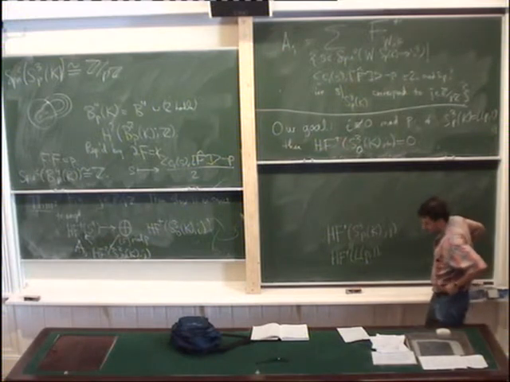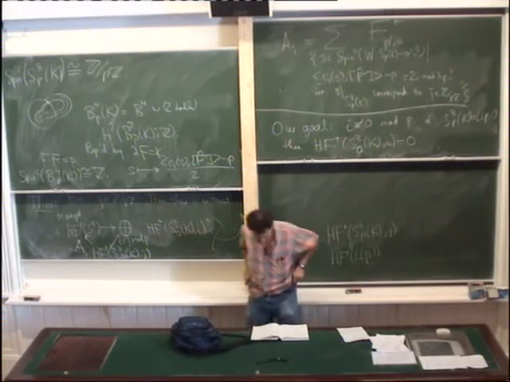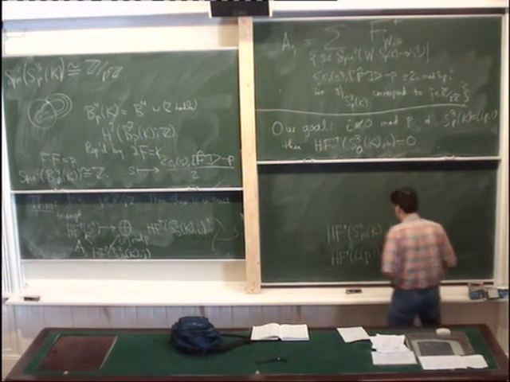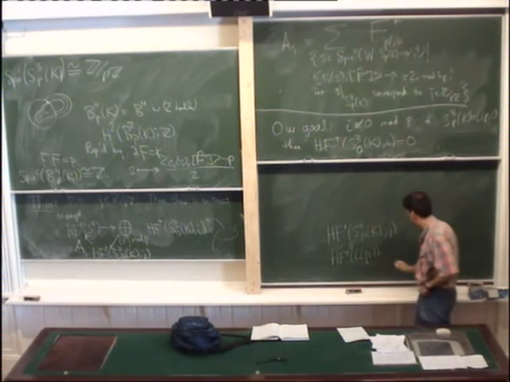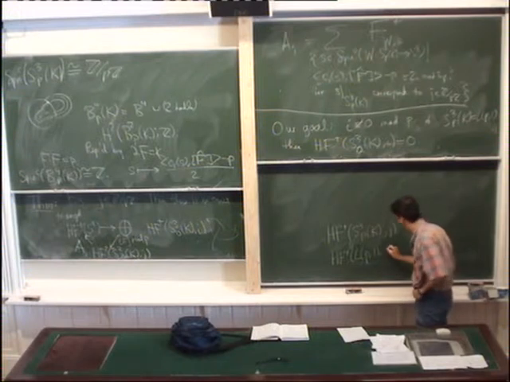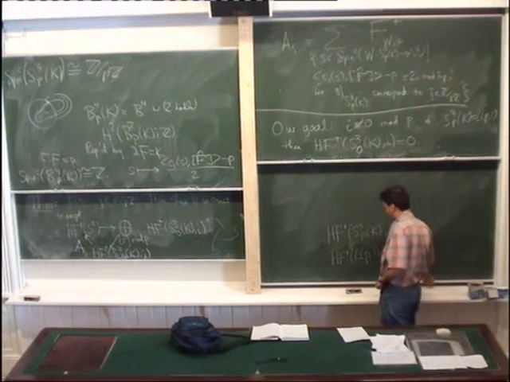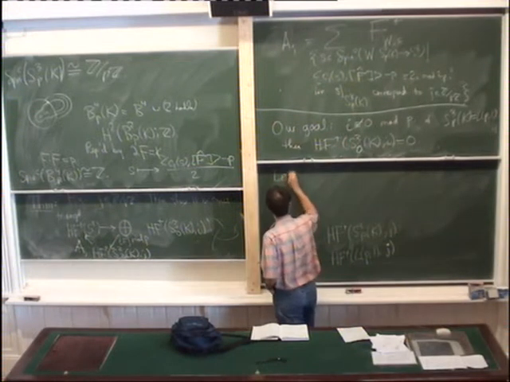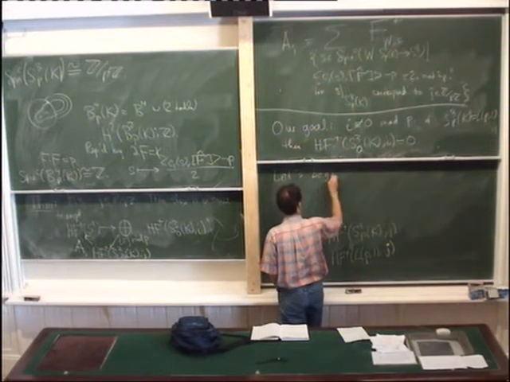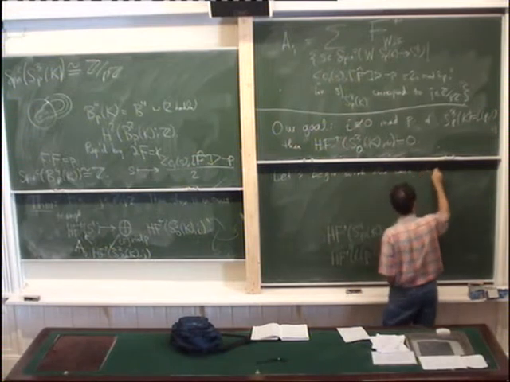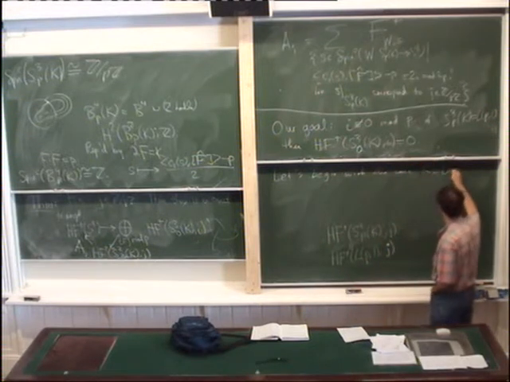Let's say in the J spin C structure. So let's begin with the case where K is the unknot and there's no goal to show. But let's take a look at what the exact sequence looks like.